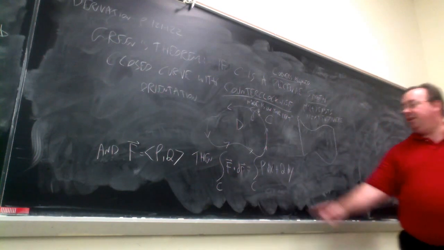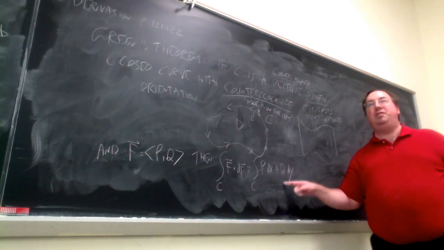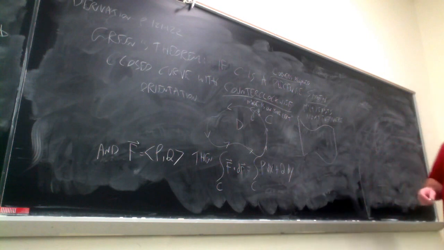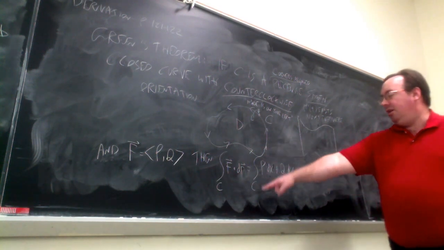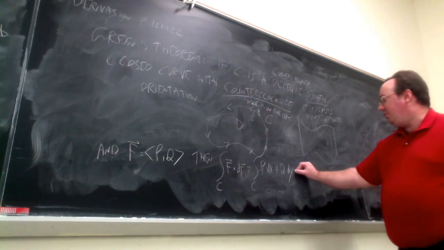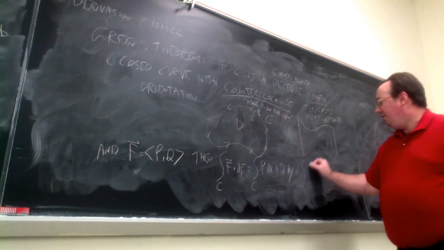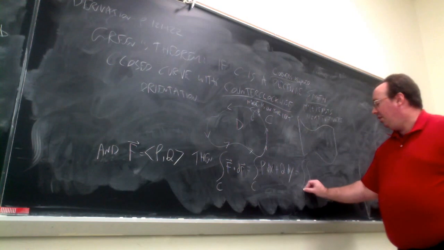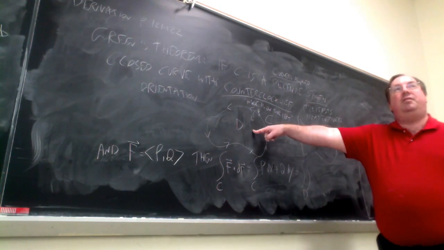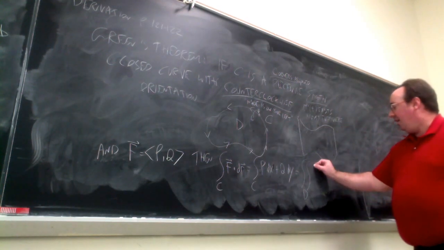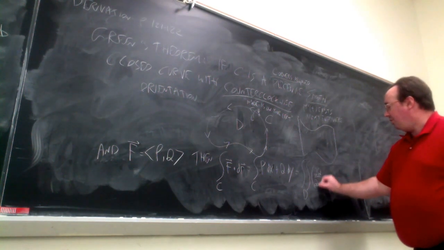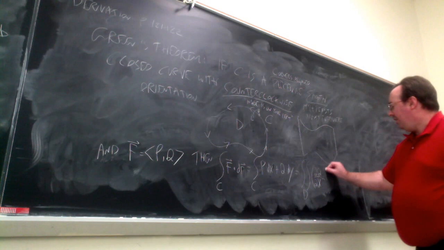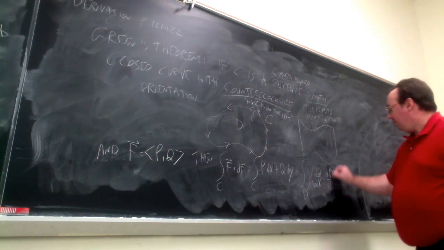So in other words, P dx dt plus Q dy dt once you fill in the parametric equations. So this line integral over the curve C is equal to a double integral over the interior of D of partial of Q with respect to X minus partial derivative of P with respect to Y.